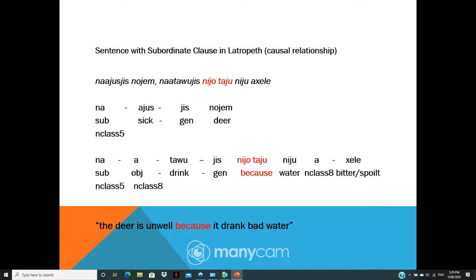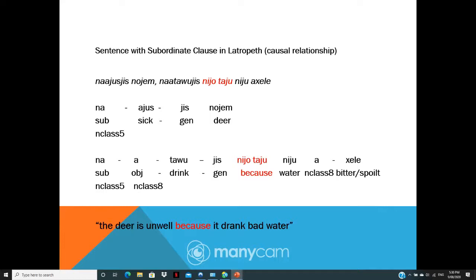And also, when you're using an adjective in the predicate of the sentence, it operates more like a verb, and you could think of it as what's known as a stative verb. So, na ayosis noyim. So, the deer is sick. Now look at the next clause, which actually has the causal information, and this is the subordinate clause.